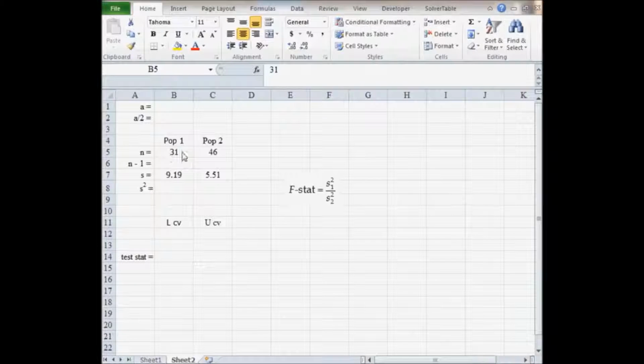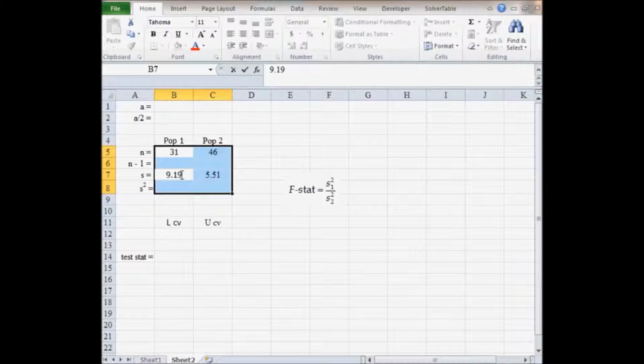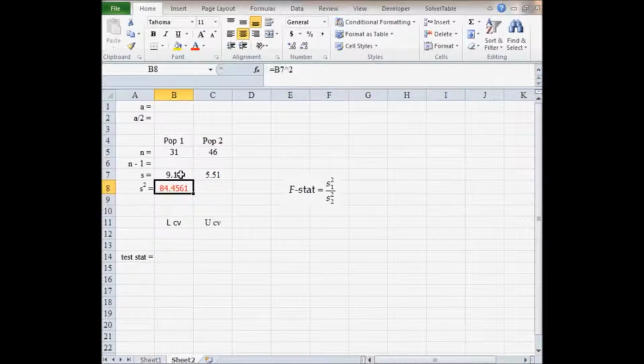I've copied the sample sizes and the sample standard deviations from the Cengage Now problem into my Excel spreadsheet. The larger sample standard deviation is 9.19. The larger sample variance is 84.4561.